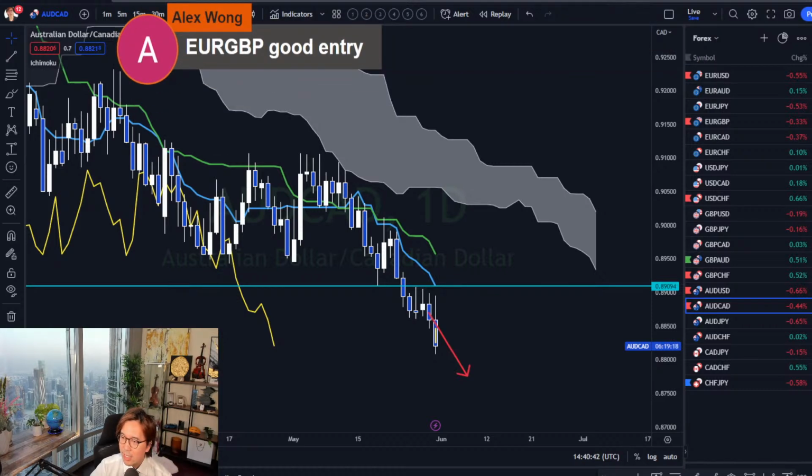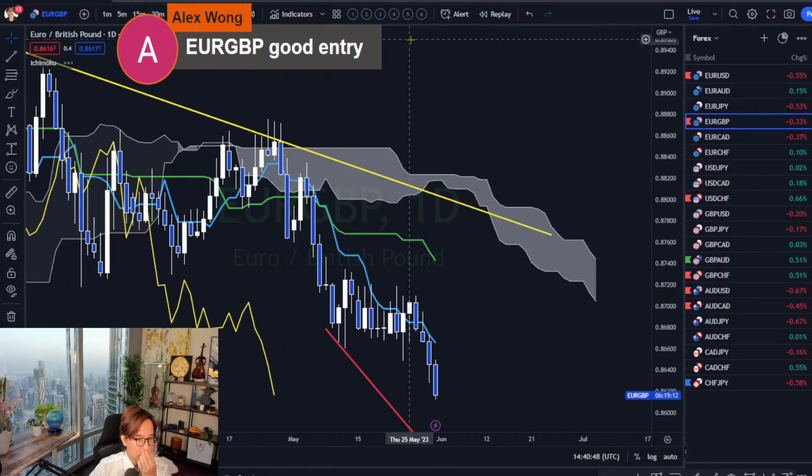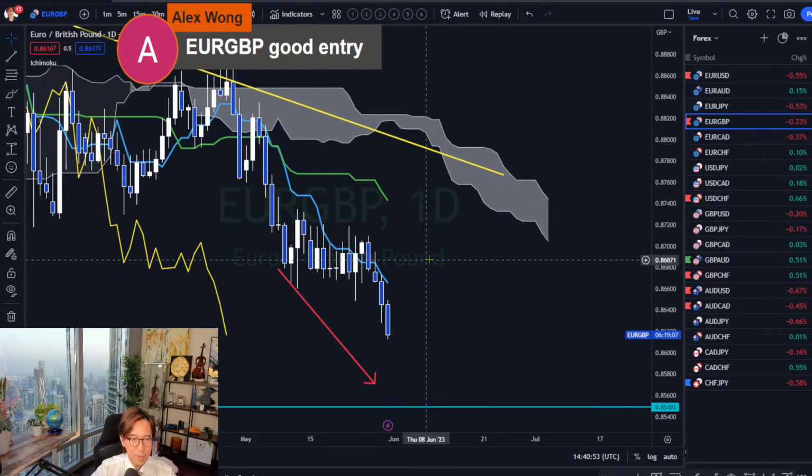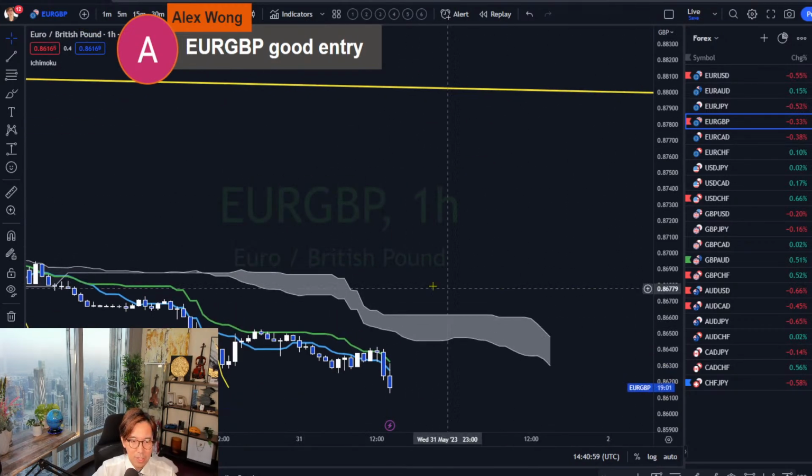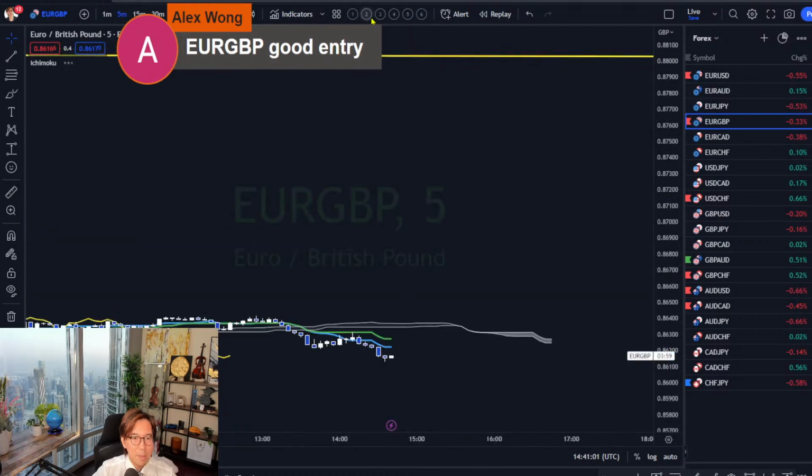Oh, okay, Alex says Euro Pound, good entry. Alright, let me check Euro Pound. So Euro Pound has been downtrending so far, and 4 hour is also bearish, and 1 hour is even bearish also. So let's check M5.